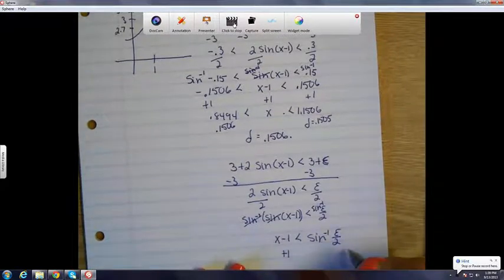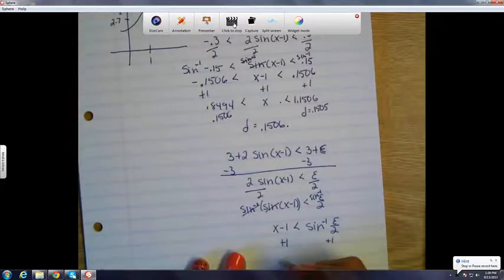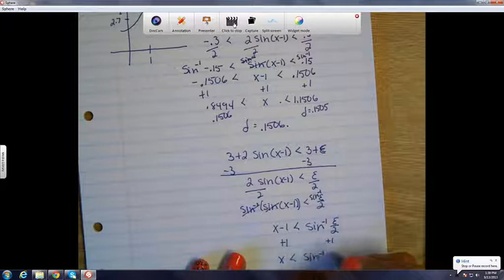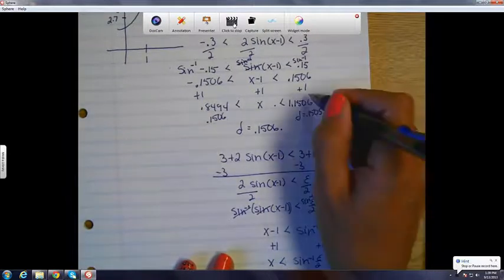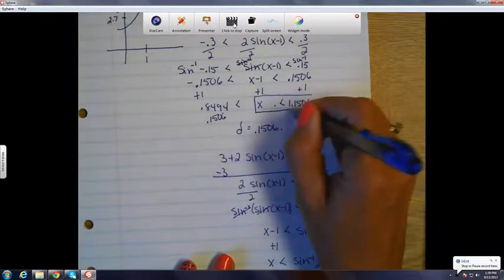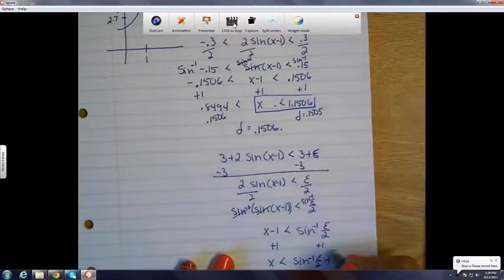Add 1. So x is less than inverse sine of epsilon over 2, and I'm going to plus 1. So at this point, I am all the way down where I solve for the x.